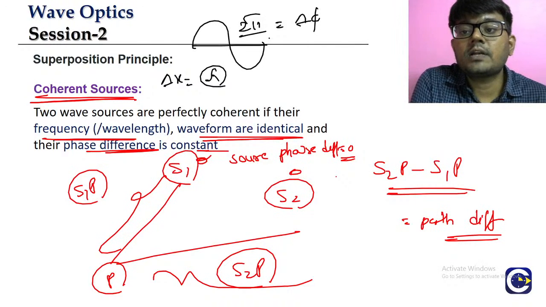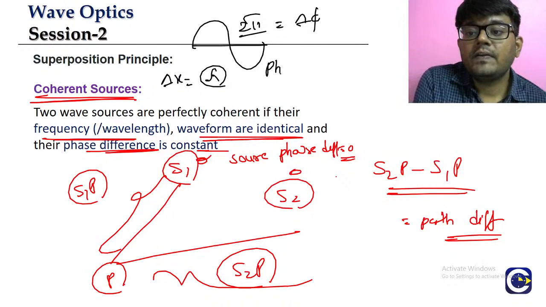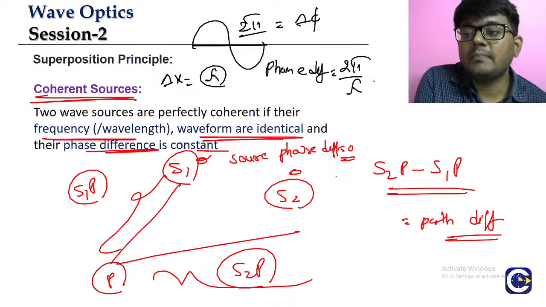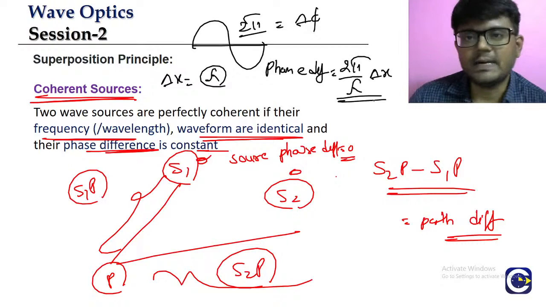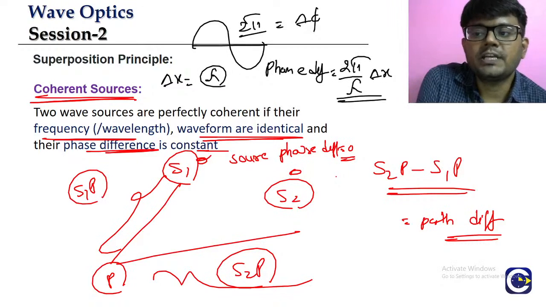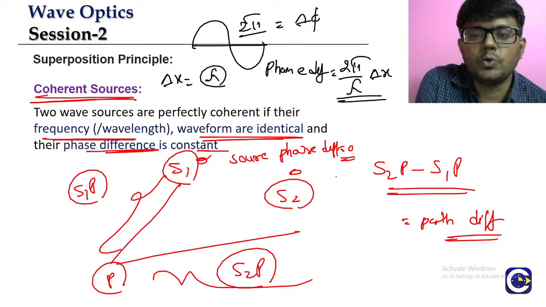The conversion is: the phase difference will be 2 pi by lambda into whatever the path difference. So let's say delta x is the path difference. If delta x is lambda, what is the phase difference going to be? 2 pi.